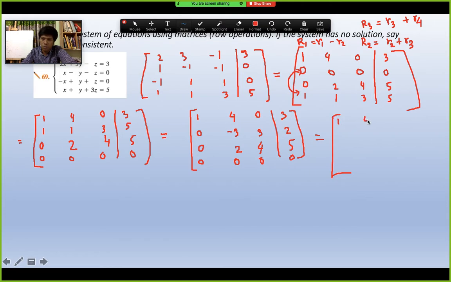1 4 0 3. Now to make this number 1, we can divide this line by -3, so it will become 1, and 3 divided by -3 equals -1, and this will become -2 divided by 3.